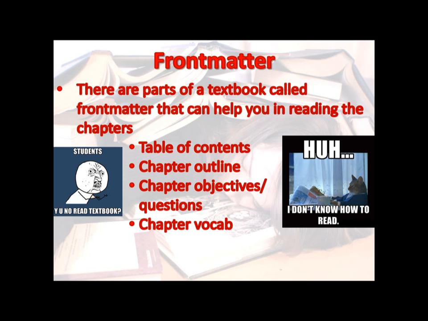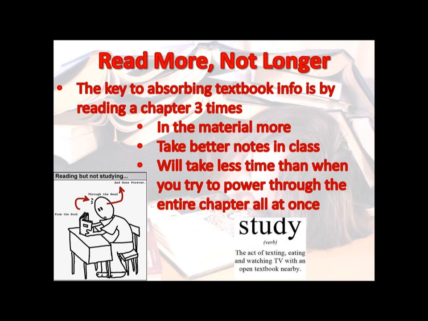An objective is something that you should be able to do, know, or understand by the time you finish reading the chapter. And then there are vocabulary words to pay attention to. So the frontmatter can help you a little bit because the vocabulary and the objectives can show you some of the more important concepts that are going to be in that chapter, so you don't have to try and find them all by yourself.